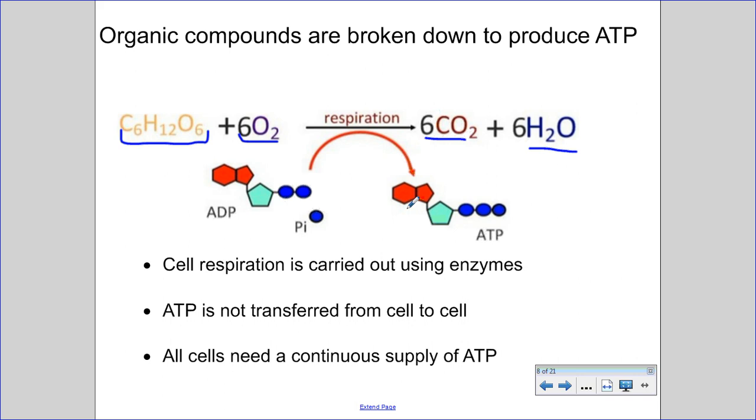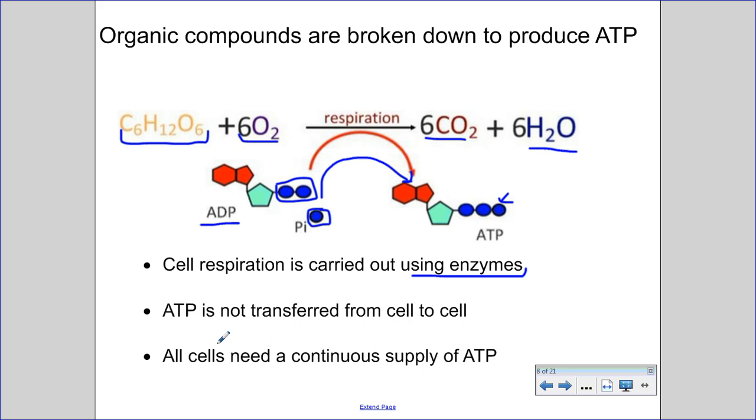And as glucose is broken down in those small steps, you'll have ADP, which is adenosine diphosphate, a molecule that contains 2 phosphates instead of 3, that will react with a lone inorganic phosphate group to create ATP, in which that 3rd phosphate gets added on to the molecule, creating that energy-rich ATP. This process of cellular respiration is carried out using enzymes, and there's a whole series of enzymes because it is a small series of steps.